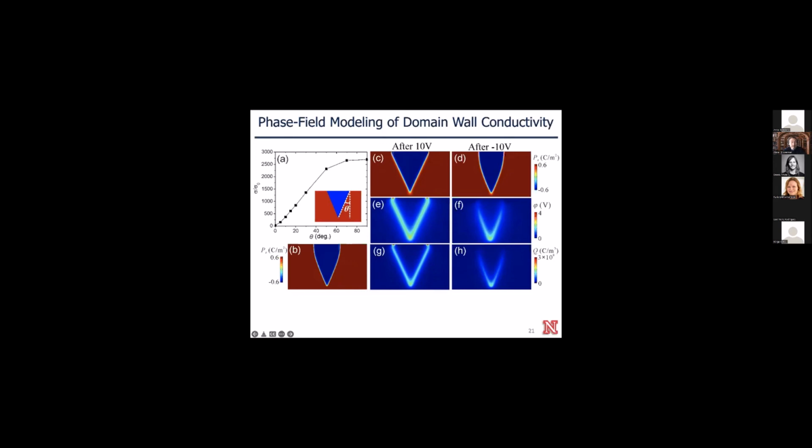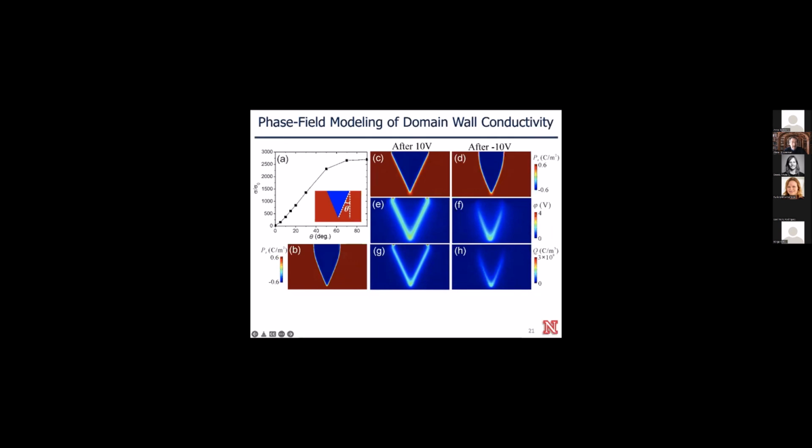And so according to this phase field modeling results, the subcoercive voltage controls the domain wall profile, changing the bending profile of the domain wall, therefore driving it into the insulating state. If you apply positive bias, in contrast, then we will drive it into this shape, and these domain walls are conducting.